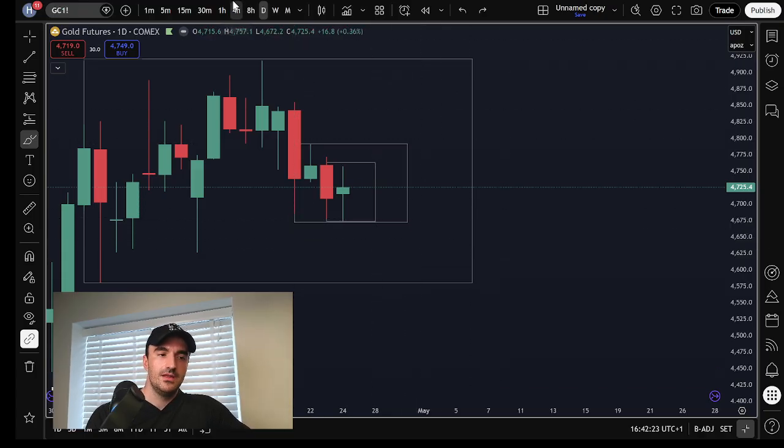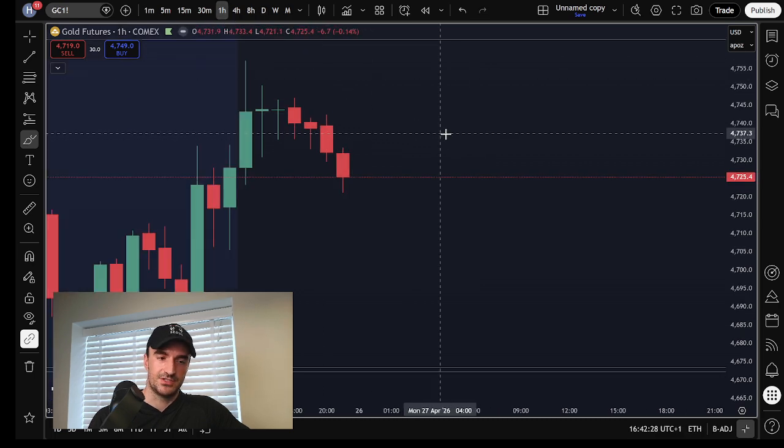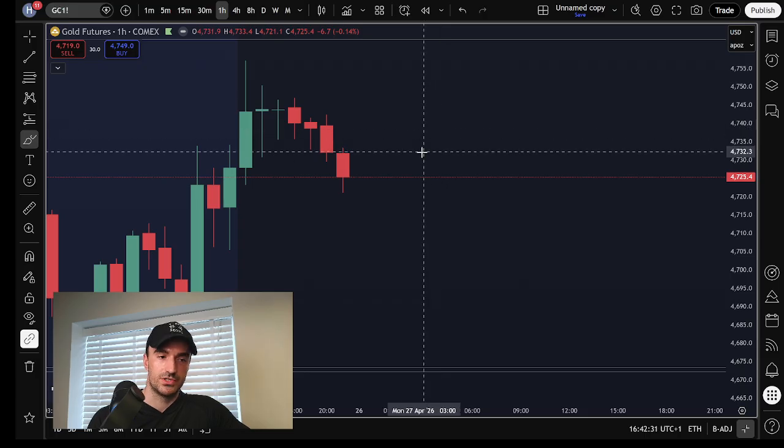My trading style is based on the price action, on the candle closure.